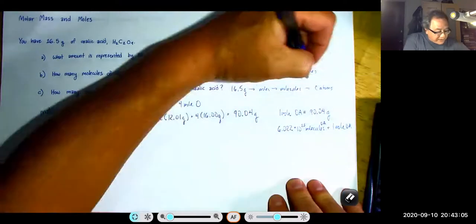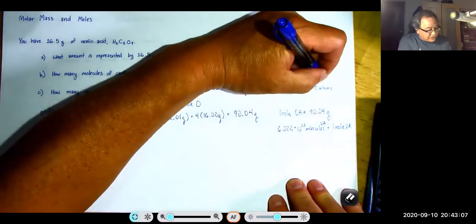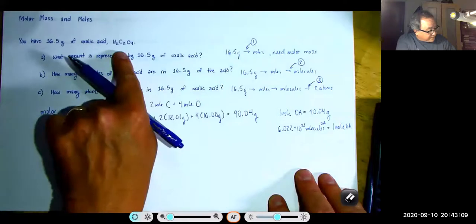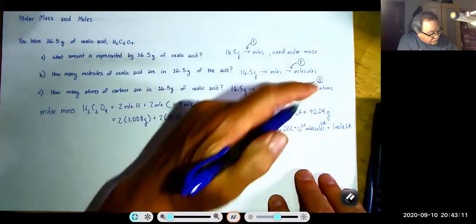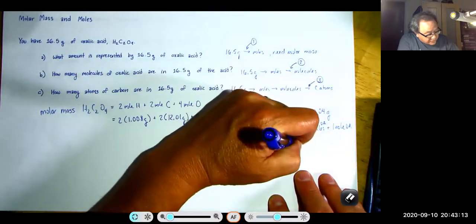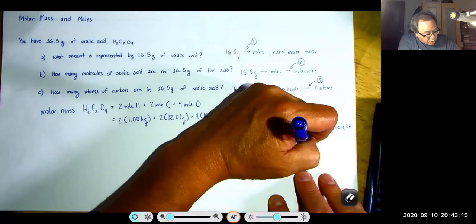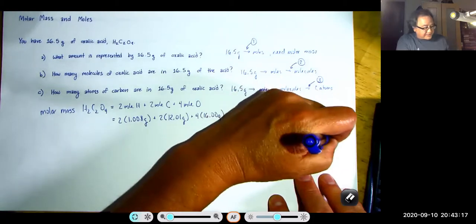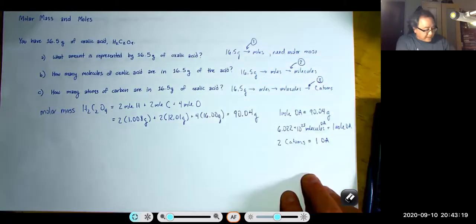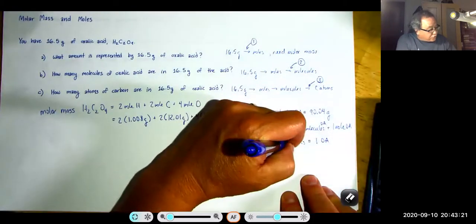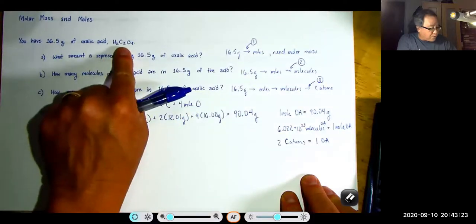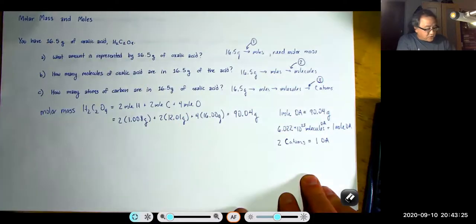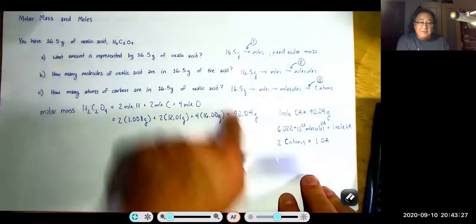And for 3, we need to know that based on the formula, we have 2 carbon atoms per 1 oxalic acid, right? 2 carbon atoms per 1 oxalic acid. So we have all the conversions we need for A, B, and C.